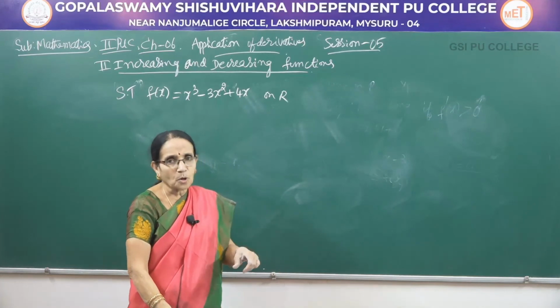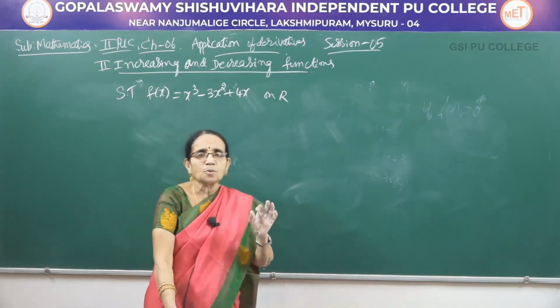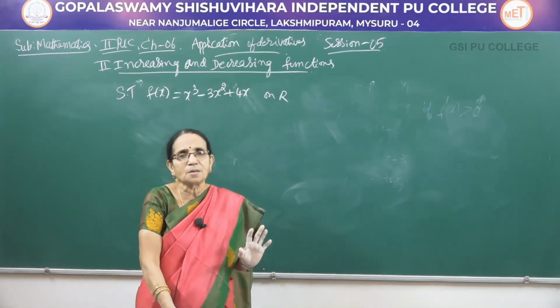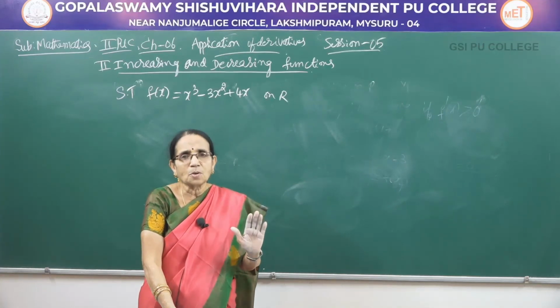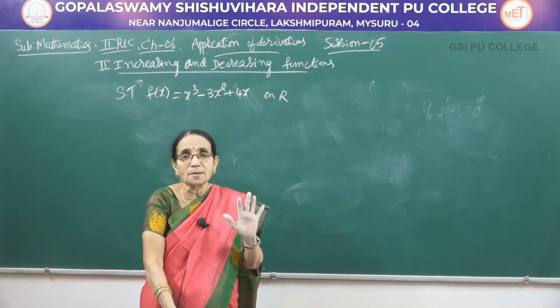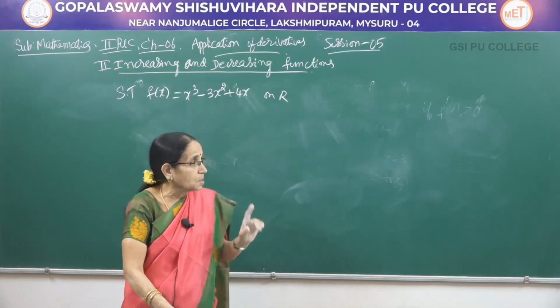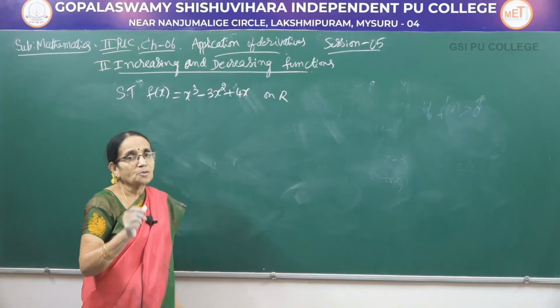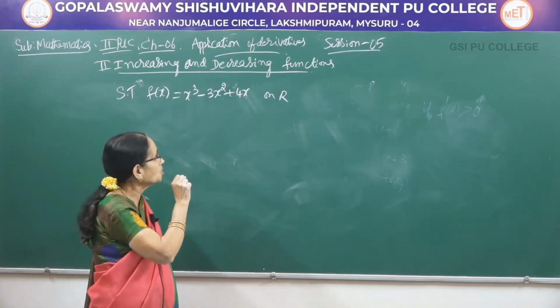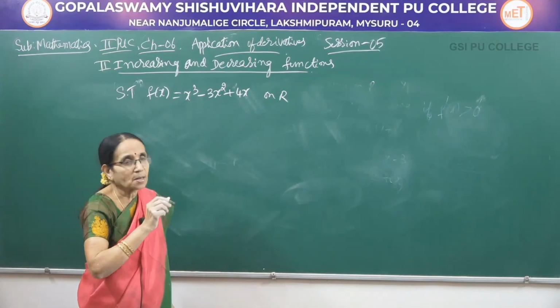In the earlier two problems, I used the definition of the strictly increasing function: if x1 less than x2 implies f of x1 strictly less than f of x2, it is a strictly increasing function, isn't it? Now, I am using the statement of the theorem.